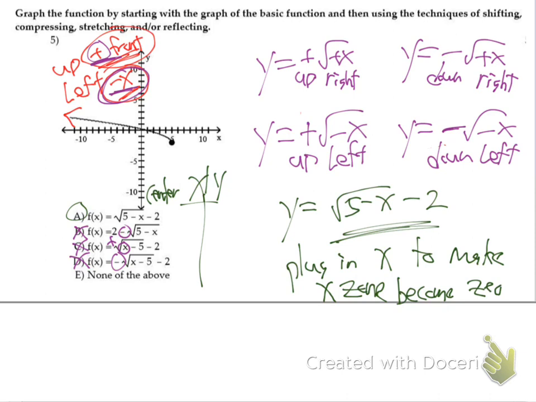Remember, you plug in whatever will make x's world 0. That'll give you the center dot automatically. So plug in 5. What do you get? 5 minus 5, square root of 0, minus 2. Minus 2, that means over 5, down 2 is the center. Is that dot? Yeah. That's over 5, down 2.